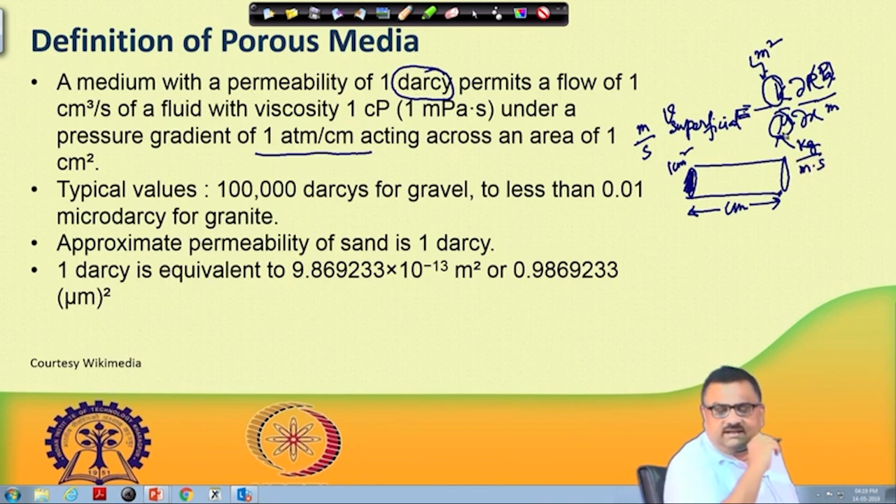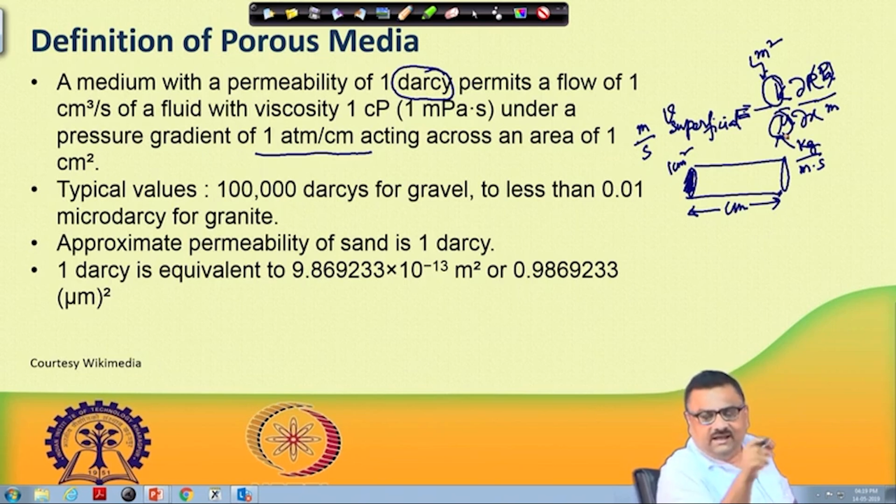Put viscosity as kg per meter second, pressure drop as Pascal, length as meter and superficial velocity as meter per second, and you will find that the unit of permeability comes as meter square. So, Darcy and meter square, this is the relation. 1 Darcy is equivalent to 10 to the power minus 12 meter square. This is the basic definition of 1 Darcy.